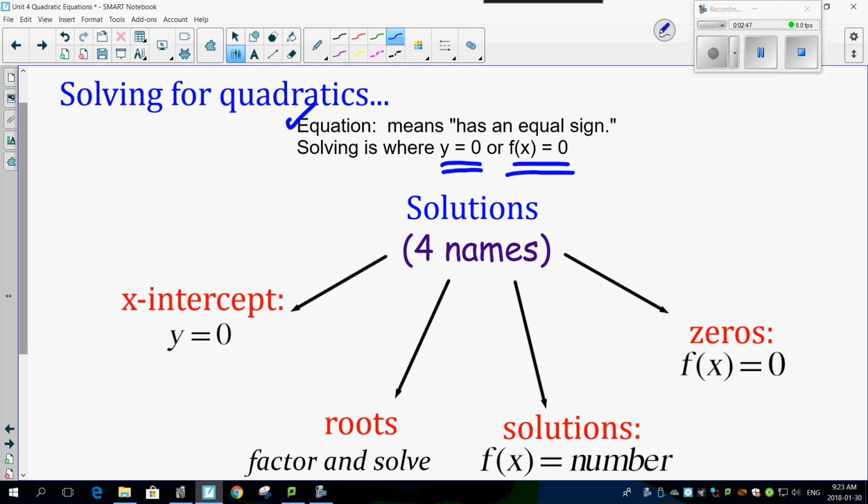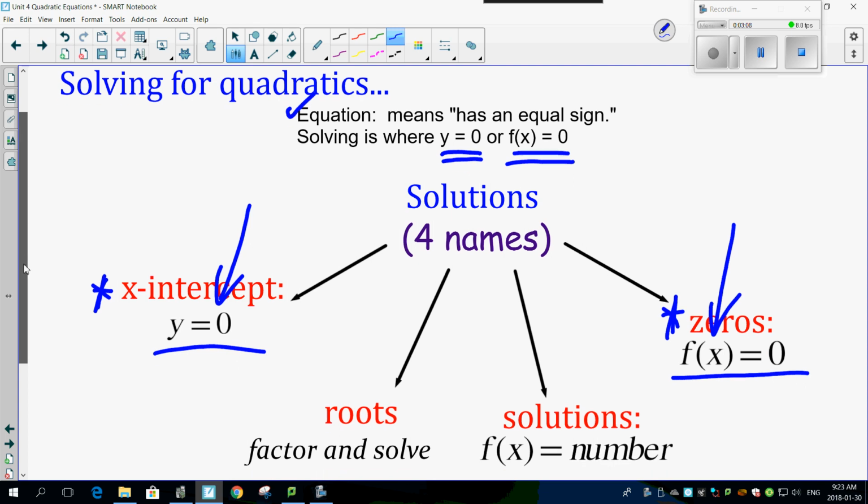That's going to help in solving. When you're trying to find an x-intercept, let y equal 0. When you're trying to find the zeros, look at the difference between these. Really, there is no difference, just a little technicality. Zeros mean functions. X-intercept means y equals 0. But they virtually mean the same thing.